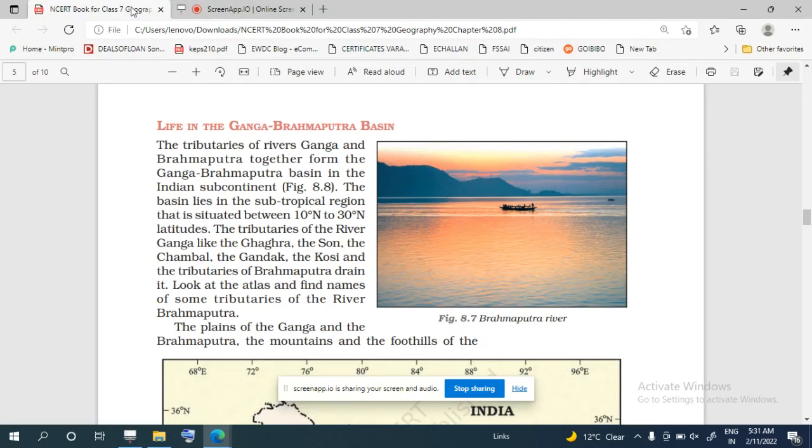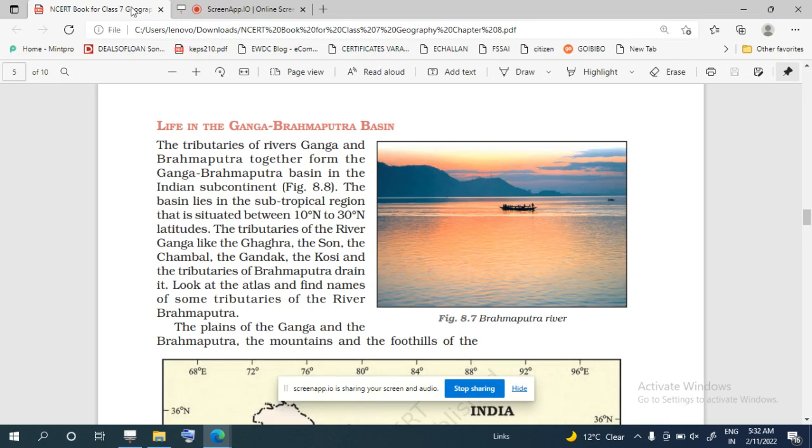We are doing the chapter Life in the Tropical and Subtropical Region, and we have started the life in the Ganga Brahmaputra Basin, which lies in the subtropical region of 10-degree north to 30-degree north.